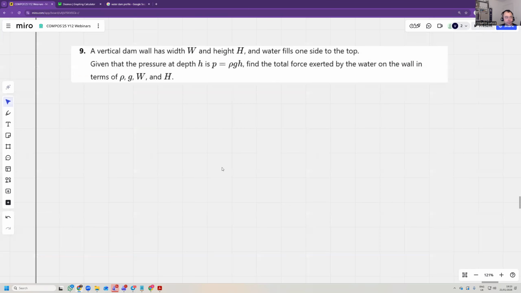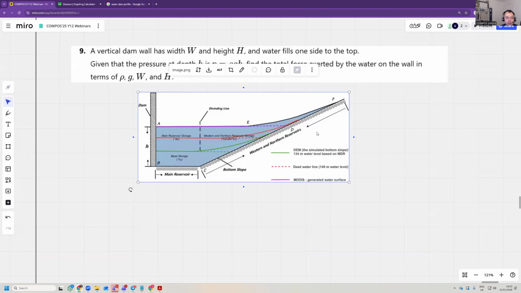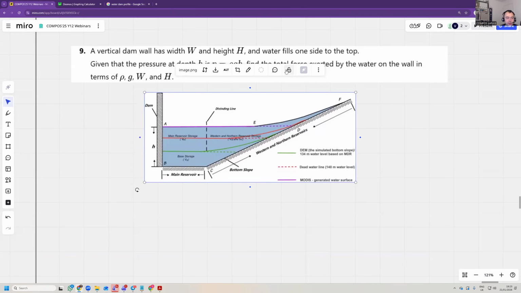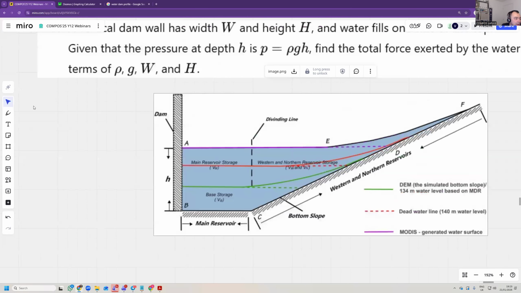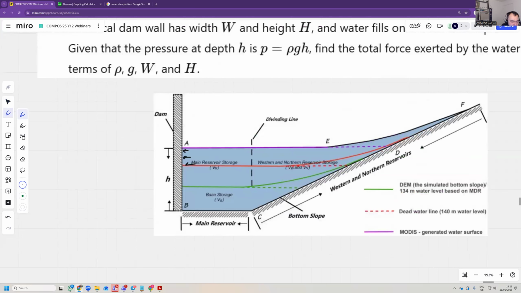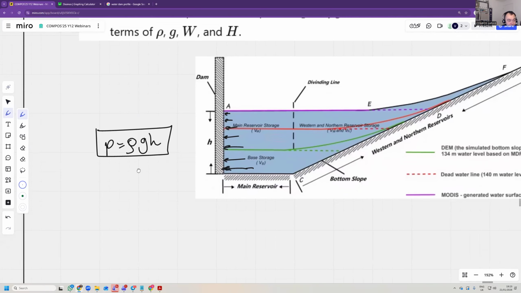Okay, so what we're trying to do is we can see that the water exerts pressure on the wall, and the deeper you go, the more pressure there is. So you can see that the pressure increases with depth, and the pressure is rho gh. It's the pressure at any given depth.